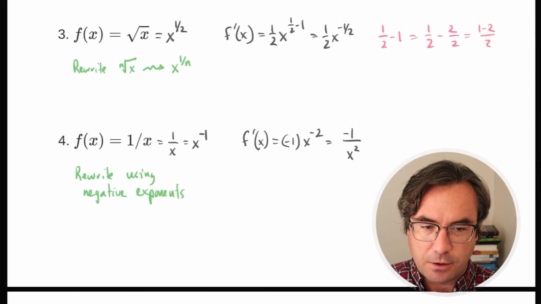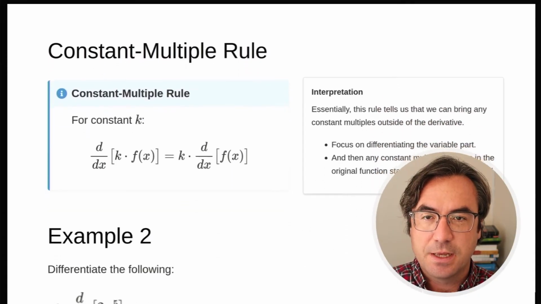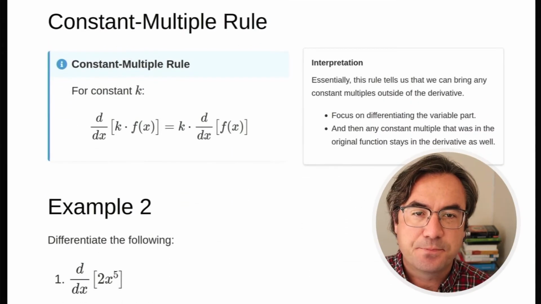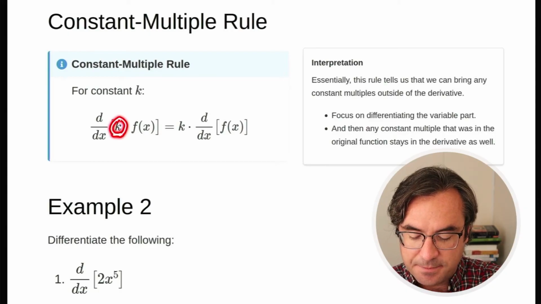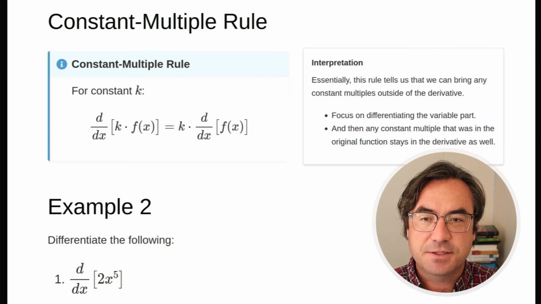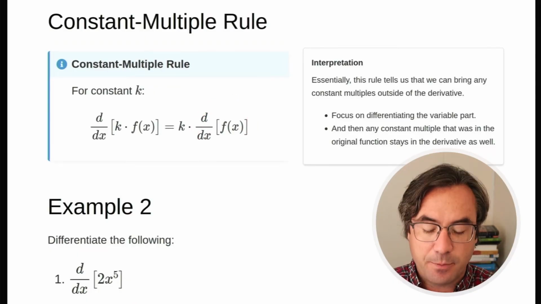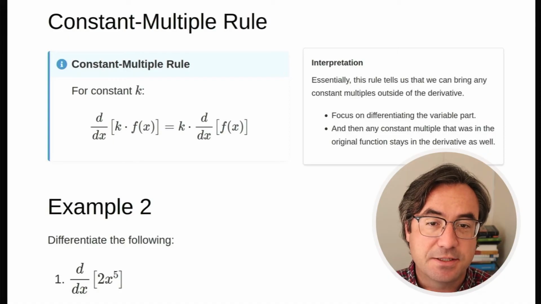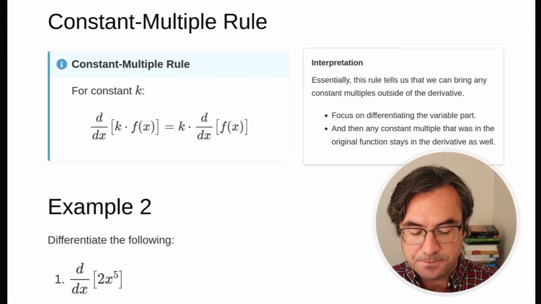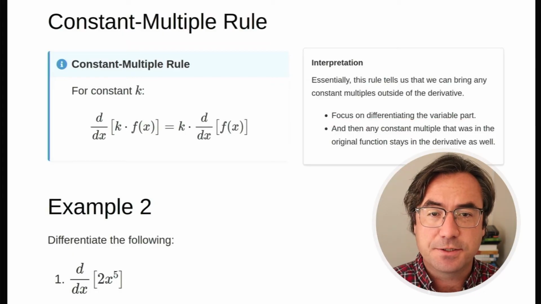Now another rule we're going to look at is the constant multiple rule. What this says is if we have a constant k times a function f of x, and we want to differentiate that whole thing, we can focus in on differentiating the variable part, that function f of x, and then just multiply the result by the constant k.